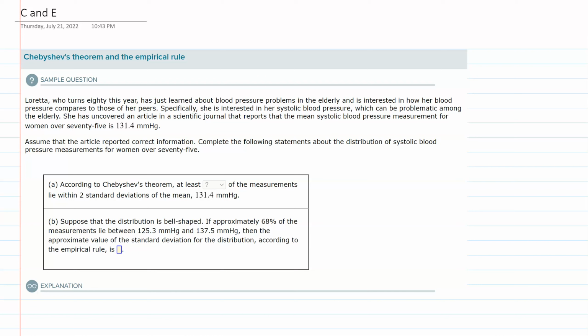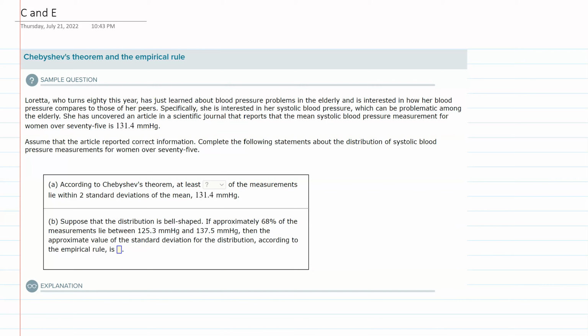According to Chebyshev's theorem, at least what percentage of the measures lie within 2 standard deviations of the mean? And then suppose that the distribution is bell-shaped. If approximately 68% of the measurements lie between 125.3 and 137.5 mmHg, then the approximate value of the standard deviation for the distribution according to the empirical rule is blank.